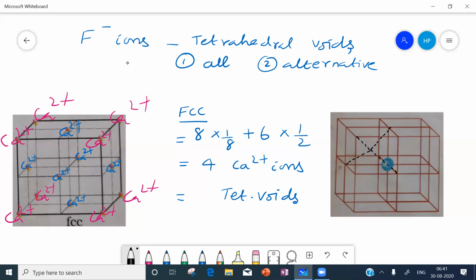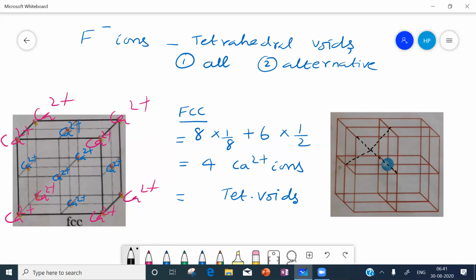Okay. Now the question is, this complete one is called one FCC unit cell. In this FCC unit cell, how many tetrahedral voids are present? That you say. Then we will talk about F minus.